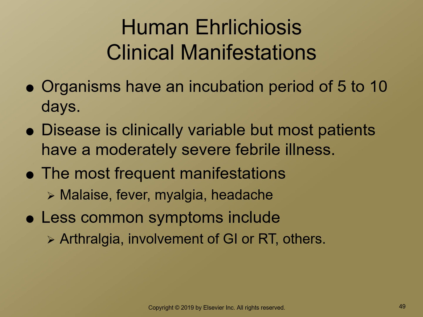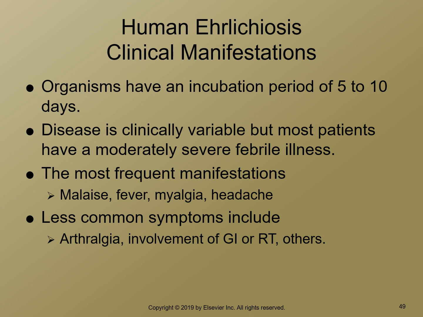In human ehrlichiosis, organisms have an incubation period of 5 to 10 days. Disease is clinically variable, but most patients have a moderately severe febrile illness, with the most frequent manifestations being malaise, fever, myalgia, and headaches. Some patients have arthralgia or involvement of the gastrointestinal tract.